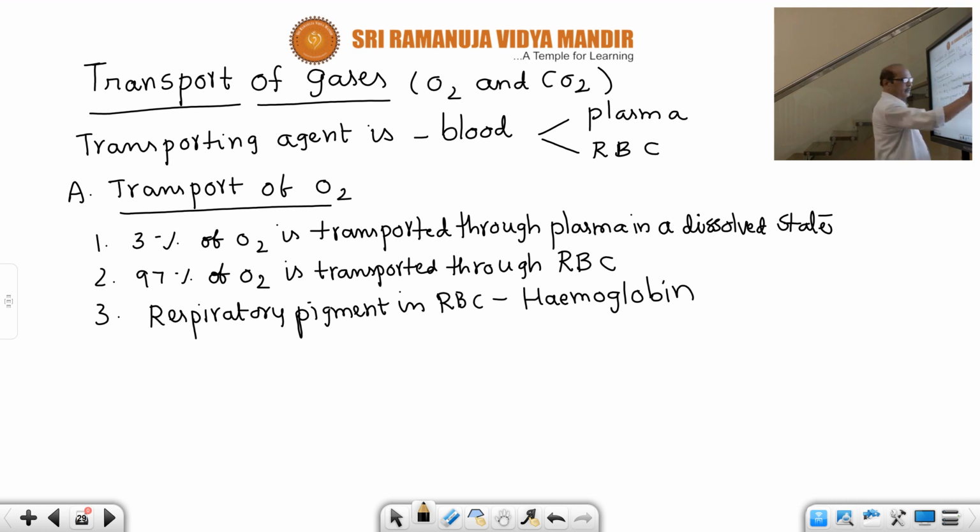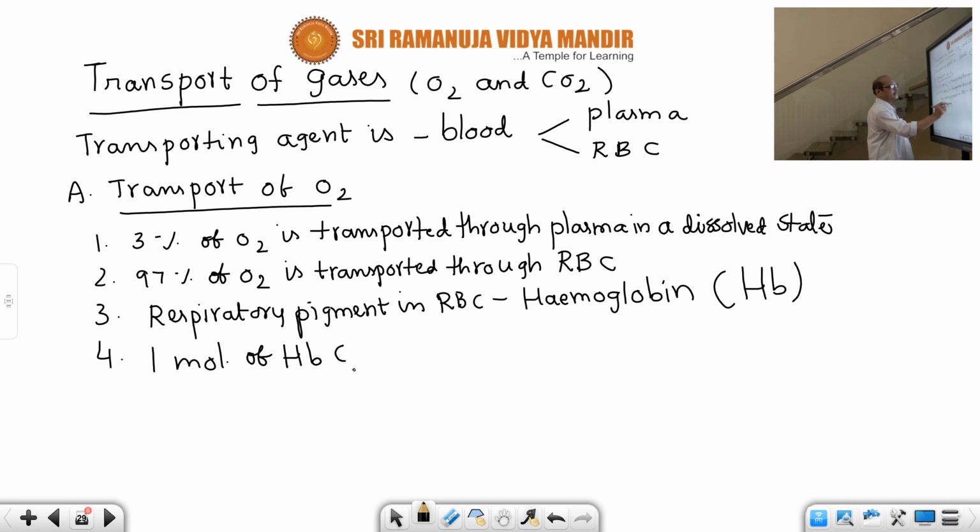Hemoglobin shortcut, in the brackets you write down Hb. 97% of O2 is transported through RBC. In this, the respiratory pigment in RBC is hemoglobin. One molecule of hemoglobin carries 4 molecules of oxygen.